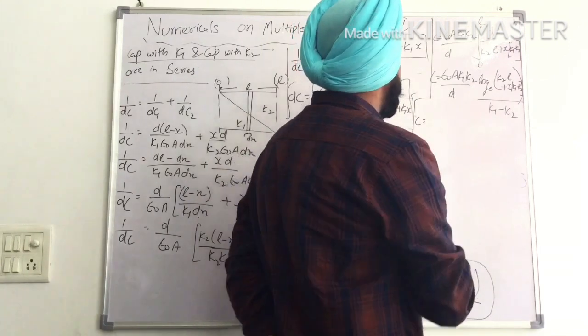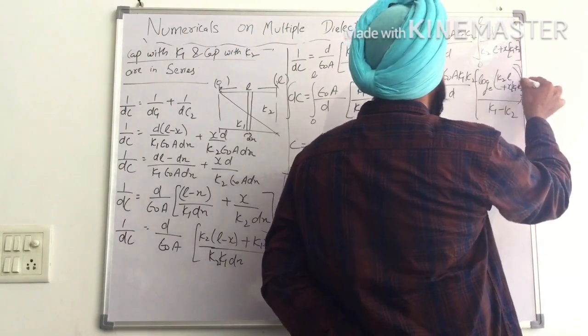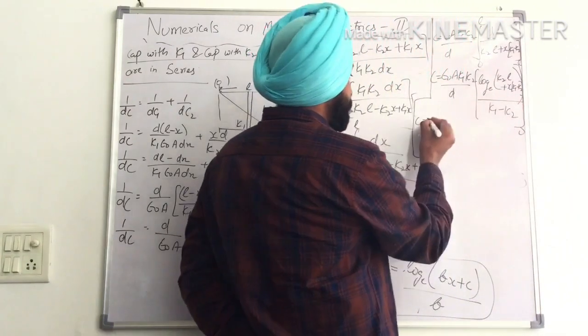C is equal to, of course after integration the limits will be there, 0 to L, which we will substitute in the next step.